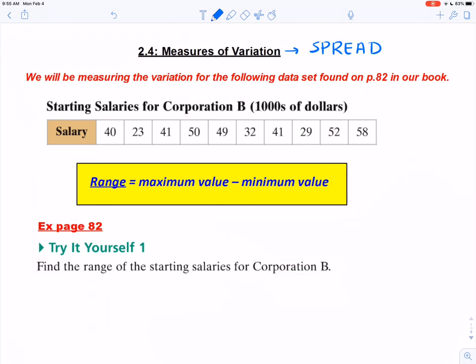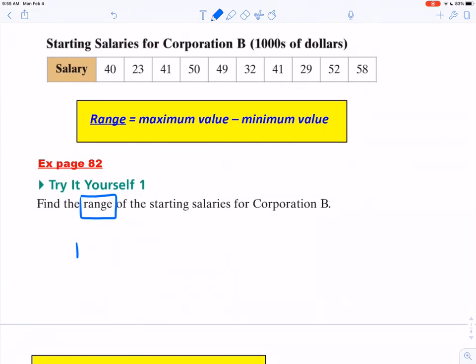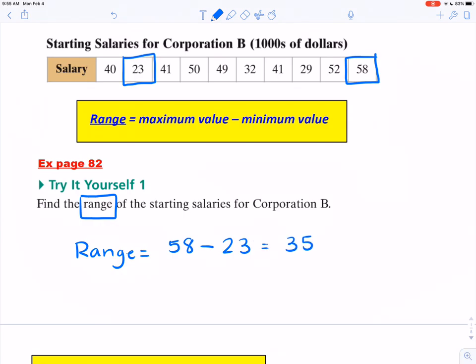So if you were looking at these 10 starting salaries and you were asked to calculate the range of those 10 salaries, all you would do is scan through your data values, locate the largest starting salary, locate the smallest starting salary. And again, range is just going to be the difference between those two.